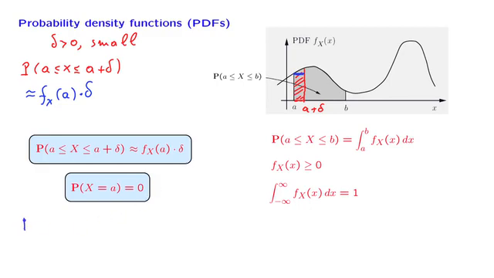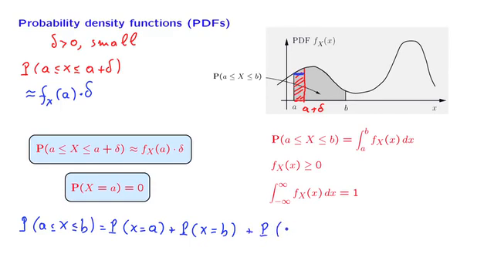Using the additivity axiom, the probability that a random variable takes values inside an interval is equal to the probability that a random variable takes a value of a plus the probability that a random variable takes a value of b plus the probability that a random variable is strictly between a and b.